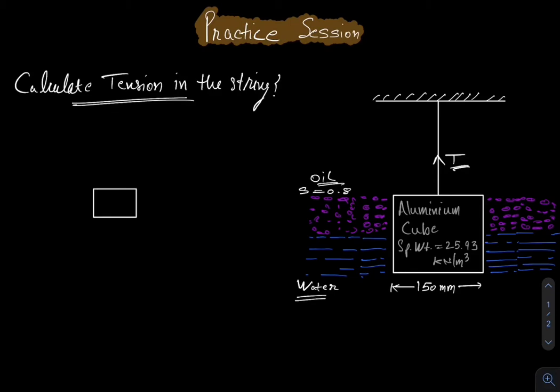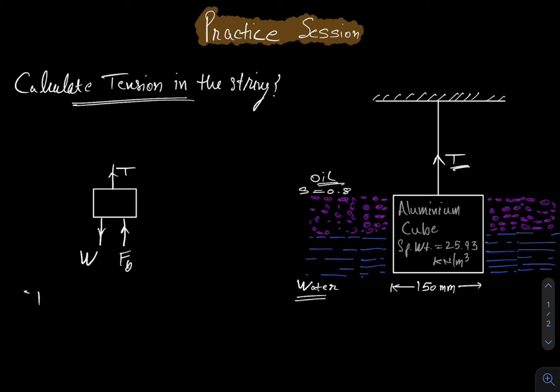The tension force is acting in upward direction via the string, which we need to find. The weight of the cube acts downwards, and there will be a buoyancy force. Buoyancy force is the weight of displaced fluid, which acts in an upward direction on the body.